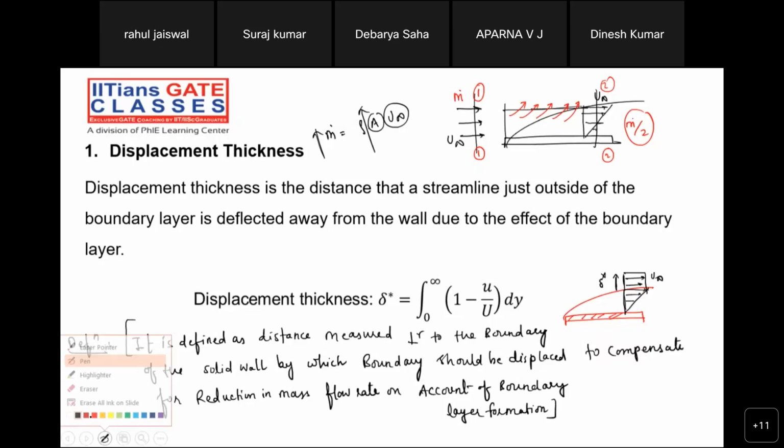Please make a note of it. And now what is the formula? This is the formula: integral from 0 to infinity of 1 minus u by u infinity into dy.